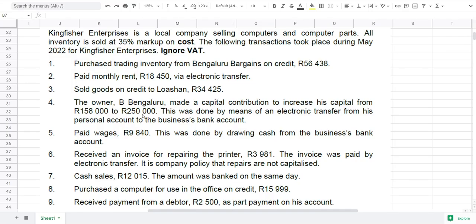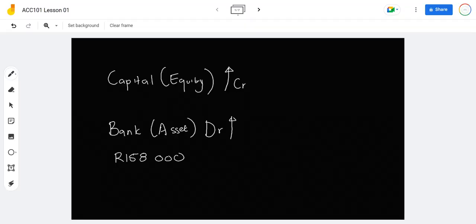It says there he increased his capital from 158,000 to 250,000, and then it went to 250,000. So we must get the balance or the difference between these two amounts. So we'll simply say 250,000 minus 158,000.